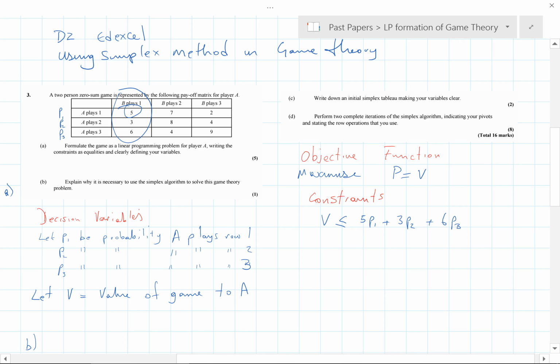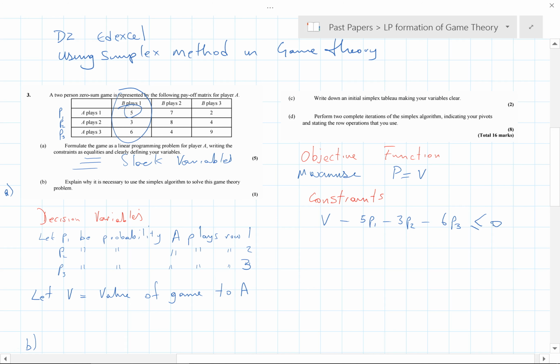Right, but before you think I'm getting this wrong, it wants equalities here. That means slack variables. So let's set it up like this. Let's change the direction so it's V minus 5p1 minus 3p2 minus 6p3 less than or equal to 0.